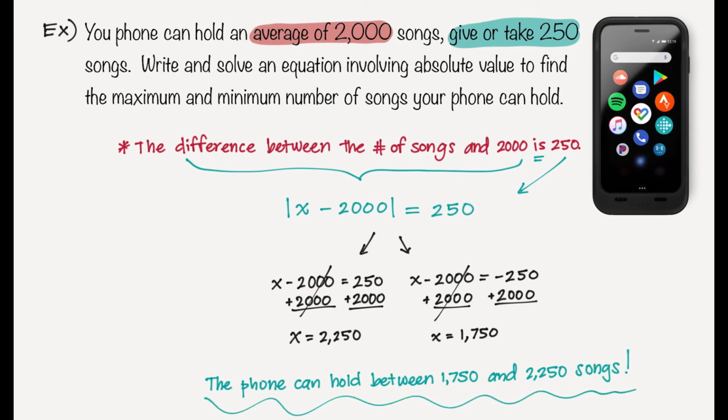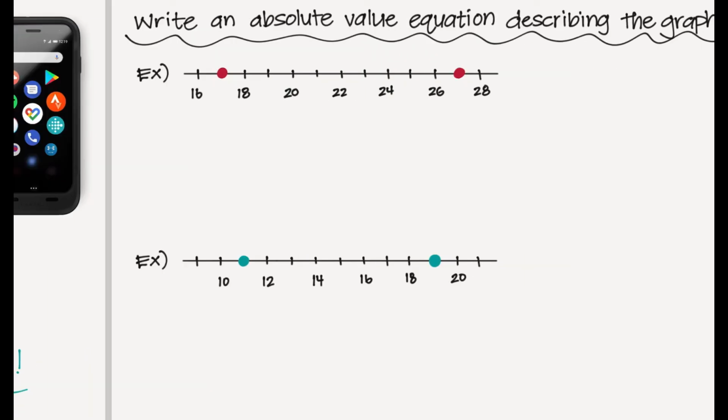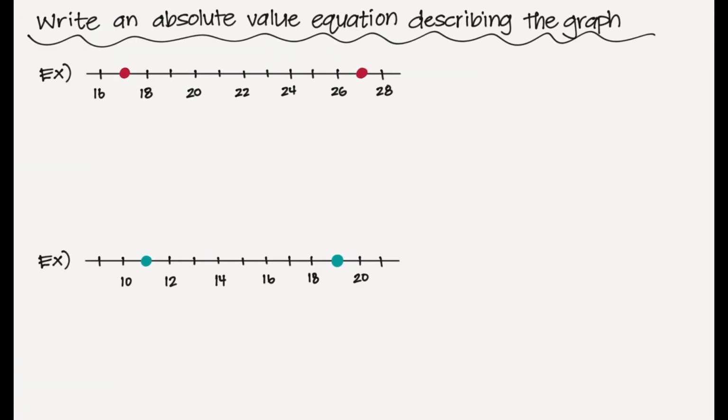And that's it. The last concept that we're going to talk about now is how to write an absolute value equation when you're just given a graph. So here I see two values. One is at 17 and one is at 27. And I want to find out where is that middle point in between them. So the value that's in between both of those is 22, okay?